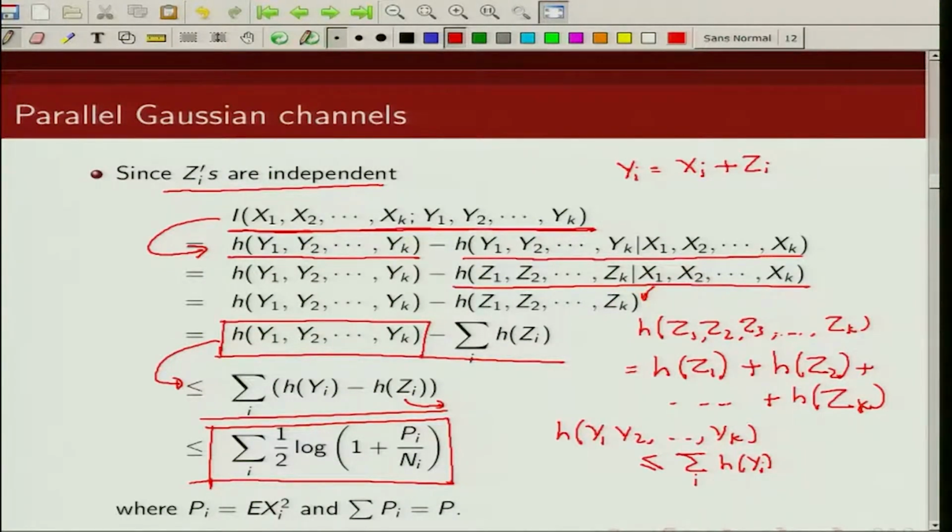Please refer to the previous lecture where we have derived this. So the mutual information can be upper bounded by this term, where Pi is given by the expected value of xi square, and there is a common power constraint.